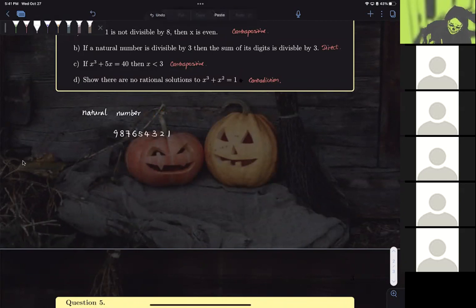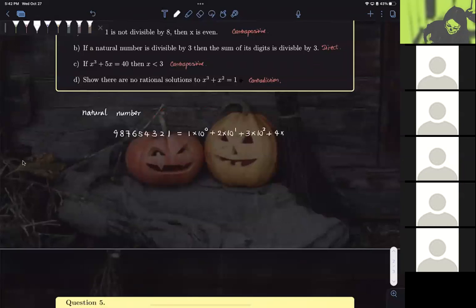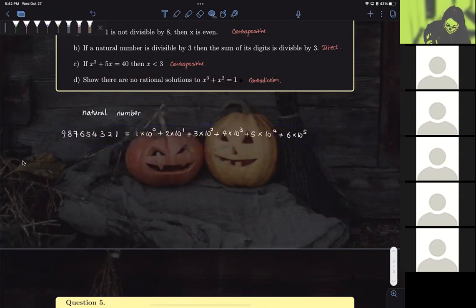The logic is you write it as 1 times 10 to the 0 plus 2 times 10 to the 1 plus 3 times 10 to the 2 plus 4 times 10 to the cube plus 5 times 10 to the 4 plus 6 times 10 to the 5 and so on, plus 7 times 10 to the 6 plus 8 times 10 to the 7 plus 9 times 10 to the 8.